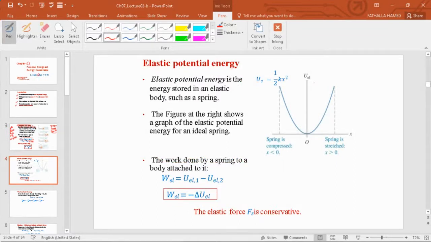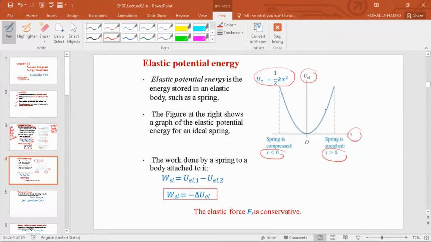Now, just looking at this elastic potential energy, which is equal to 1/2 kx squared, if you make a plot of potential energy on the y-axis and x on the x-axis, on this side x is negative, which is less than 0, and this side is x positive, which is greater than 0. But in both of these cases, your potential energy is positive, because you have a square here for the elastic, and that's why you have the parabola this way.